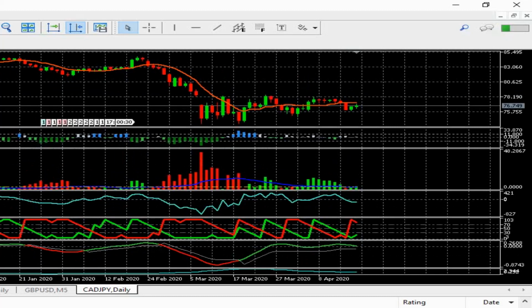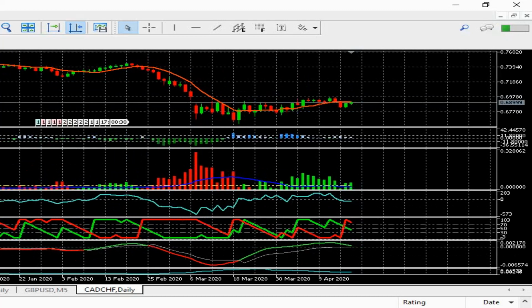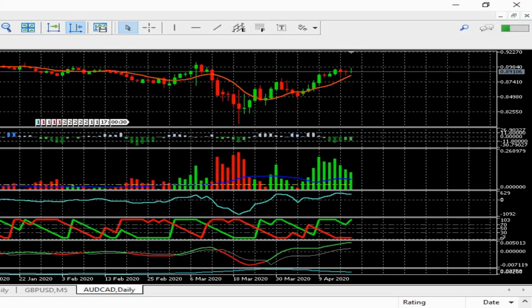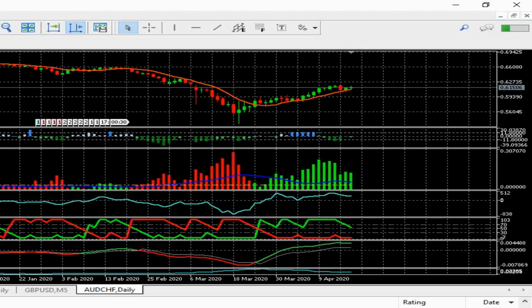Canadian dollar, Japanese yen, no trade. Canadian dollar, Swiss franc, no trade. Aussie dollar, Canadian dollar, no. I could go on the maybe pile.